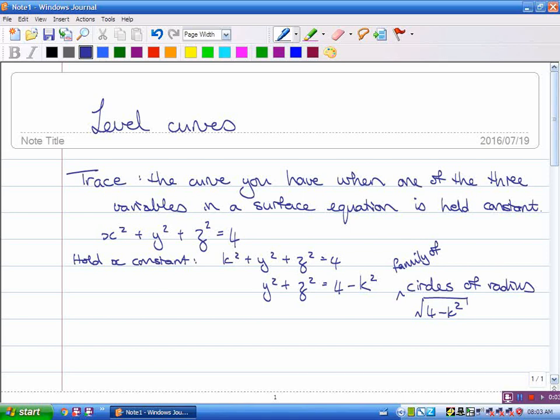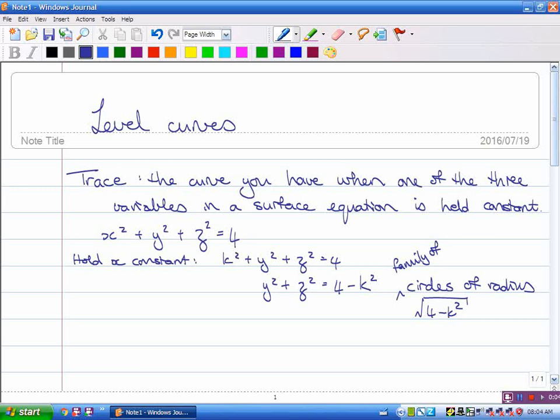Because we can only square root positive things, that does place some restrictions on what k can be. But that makes sense, because a sphere of radius 2 only goes out as much as 2 units from the origin. So it doesn't make sense to set x to anything beyond 2 or smaller than minus 2, because there is no surface there.